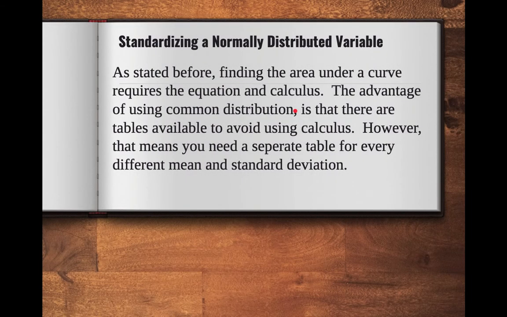Now we have computers, and we can say, here's my mu, here's my sigma, and have it do your distribution, and you can do the calculations with that. But you need a different set of values for every different mean and every different standard deviation, or you need calculus to be able to tackle that.